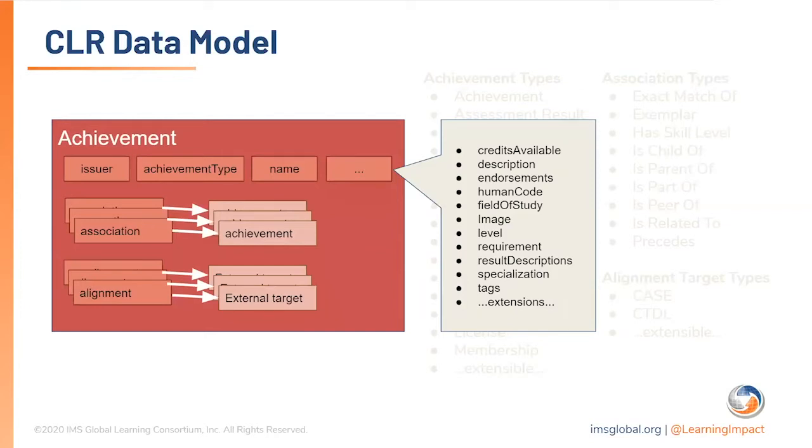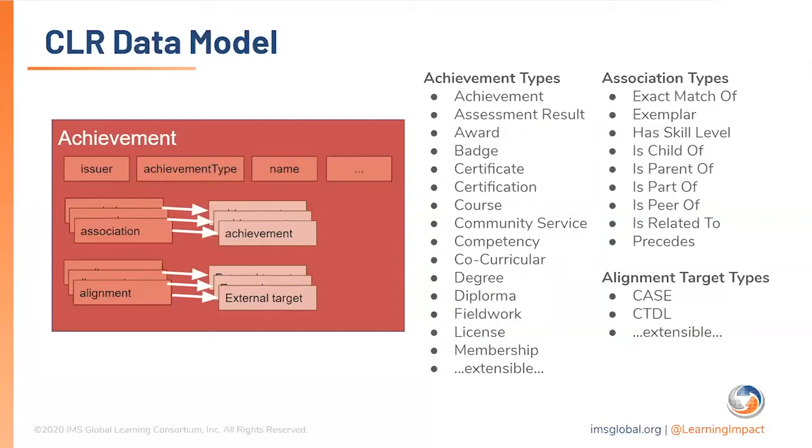Achievements can also have associations with other achievements, so you can break down large achievements such as a university degree into smaller parts and keep the relationships intact. And achievements can be aligned to external frameworks, such as state standards in K-12, institutional competencies in higher education, and skill frameworks in the military and workplace.